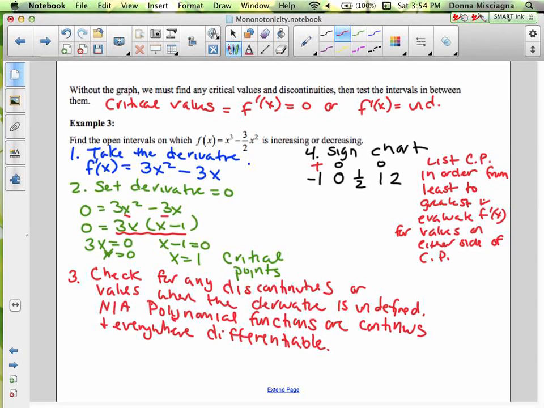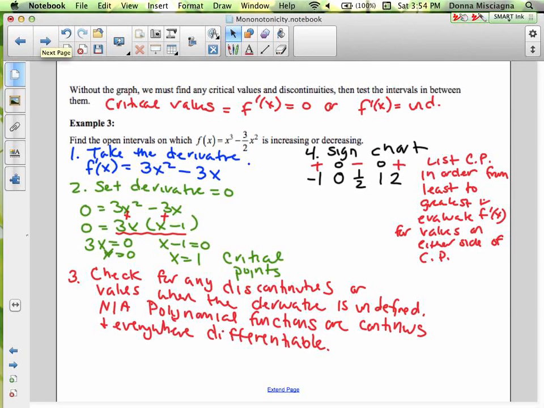If I plug 1/2 into 3x, that's going to be positive. If I plug 1/2 into x minus 1, it'll be negative because it'd be -1/2. So that's going to be negative. If I plug in 2 into 3x, that would be +6. If I plug 2 into x minus 1, that is a +1. That is positive.